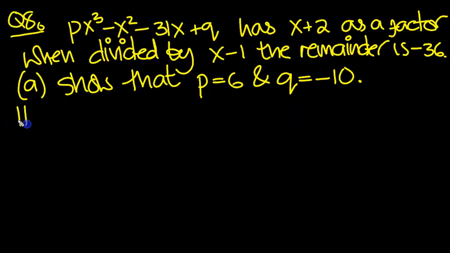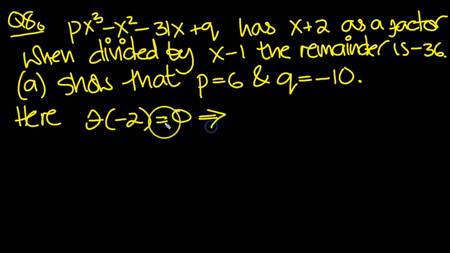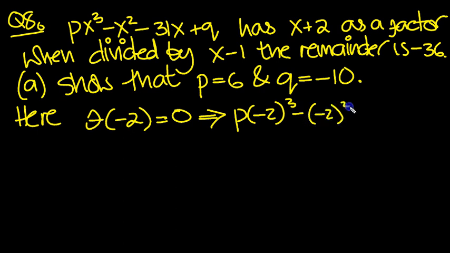So here, the factor theorem, f(−2) = 0. So put in −2 here. So you've got p times (−2)³ minus (−2)² minus 31 times −2 plus q.